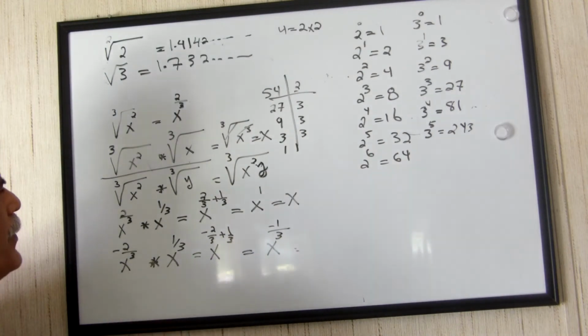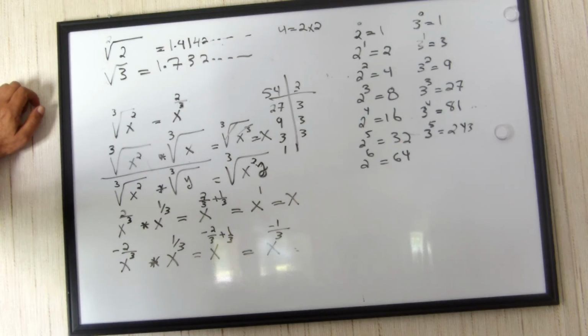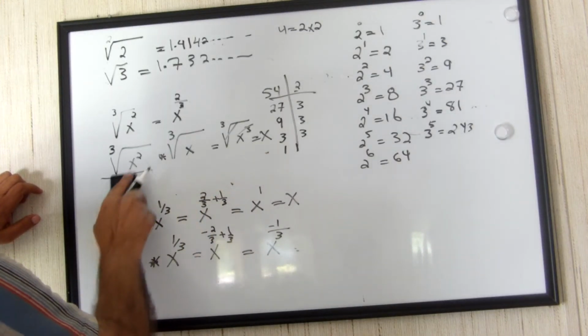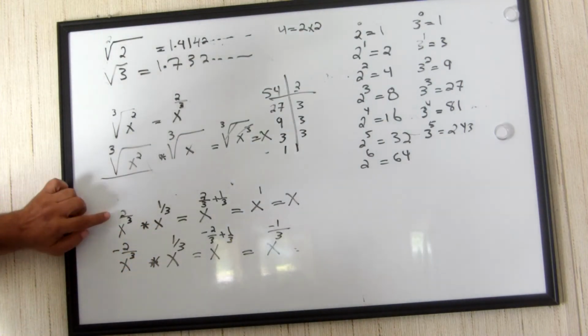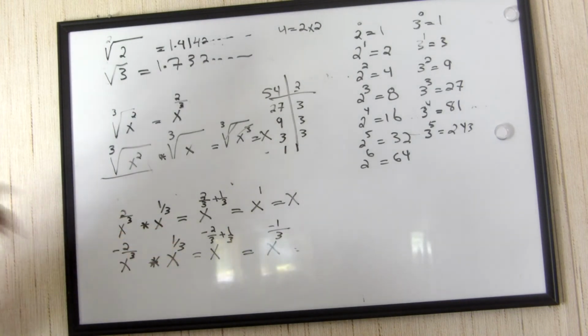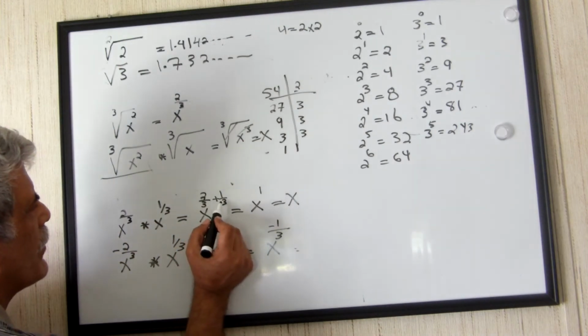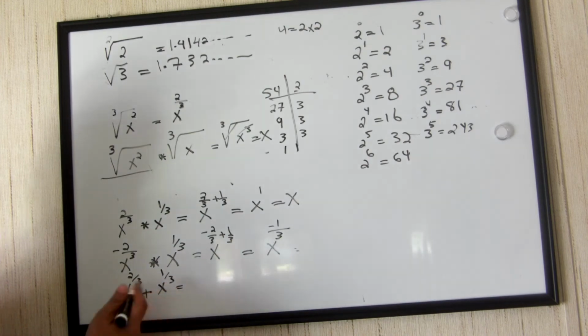There's another way to find this out. See what happened here. We wrote this one in exponent form. This is multiplication, and if it's multiplication, we can add the exponents together. But if it is plus, what does it mean?